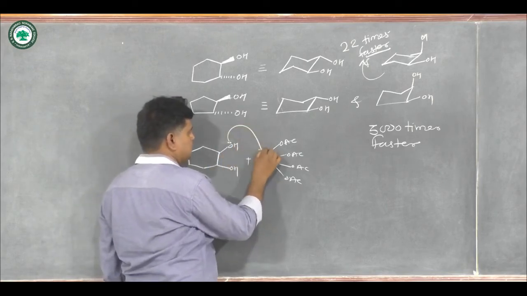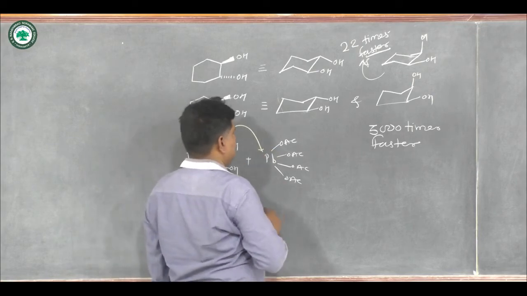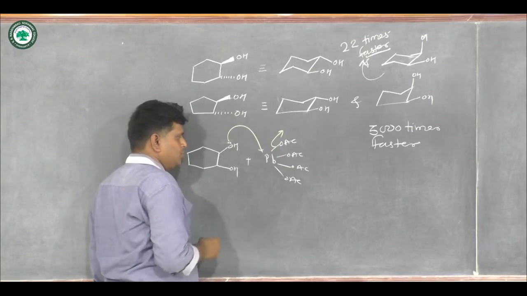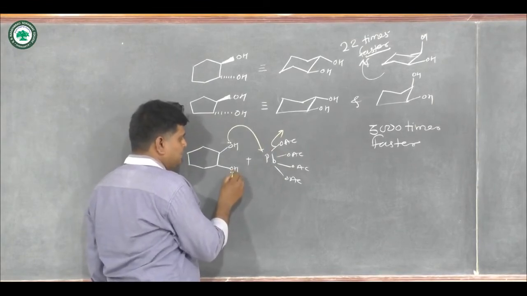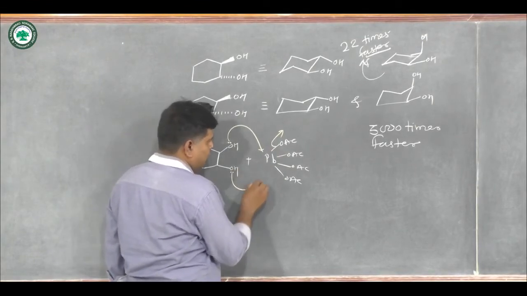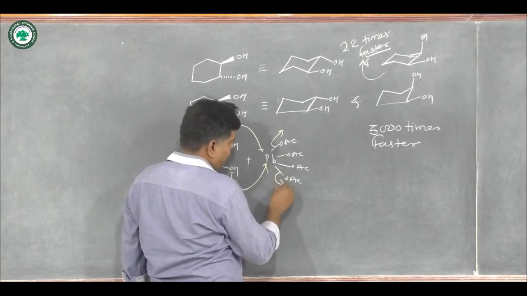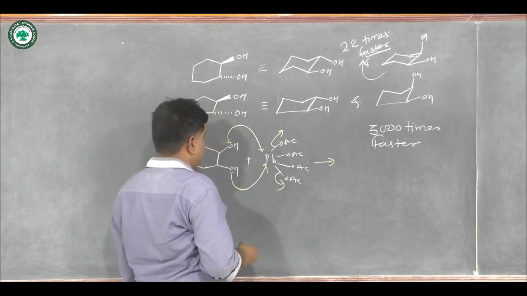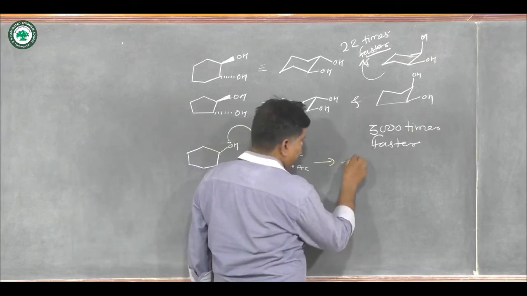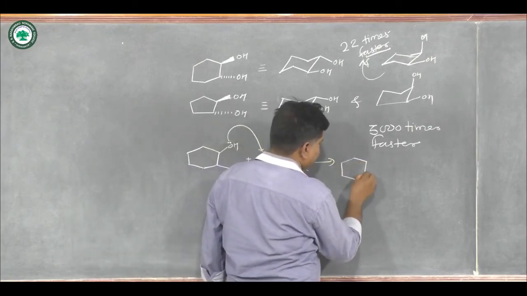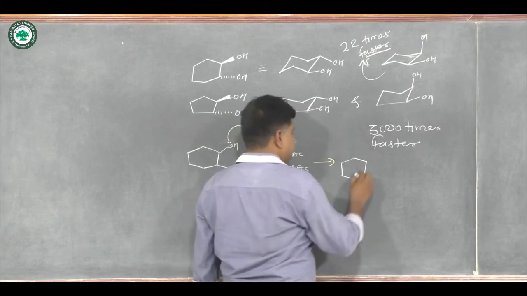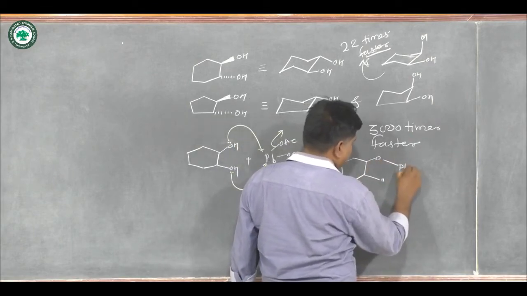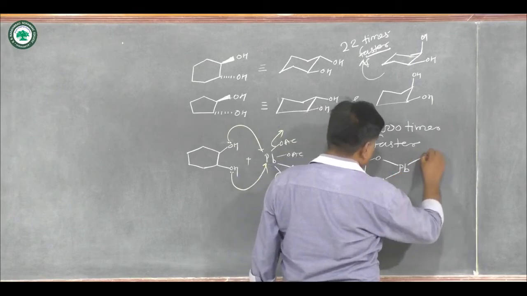The lone pair on this hydroxyl oxygen is able to attack this lead, and then one OAc molecule leaves out, and the same situation is observed in the other hydroxyl group, and another acetate group will leave out, and we have one intermediate, and that intermediate can represent the rate of reaction.